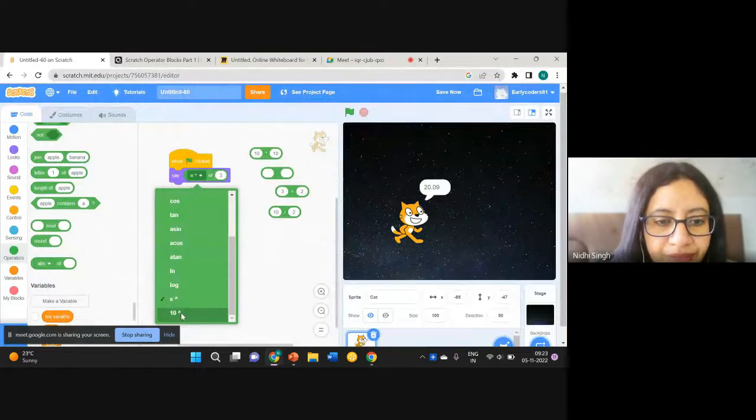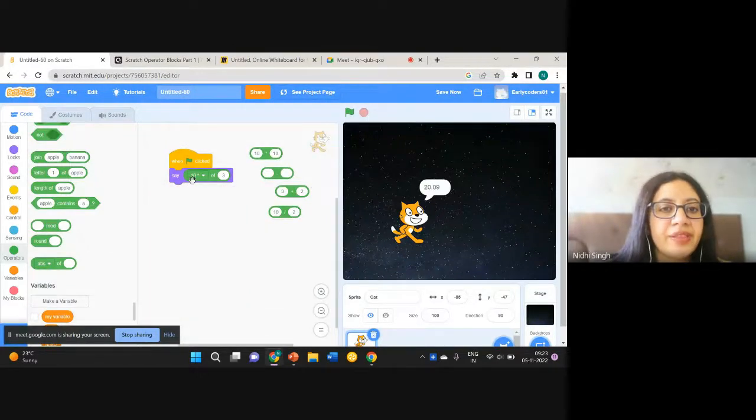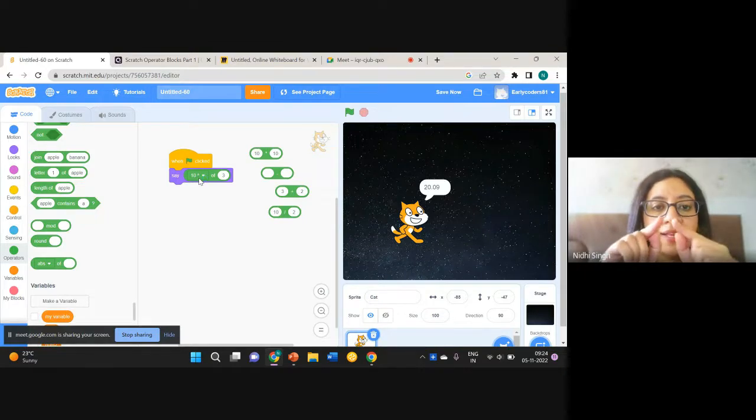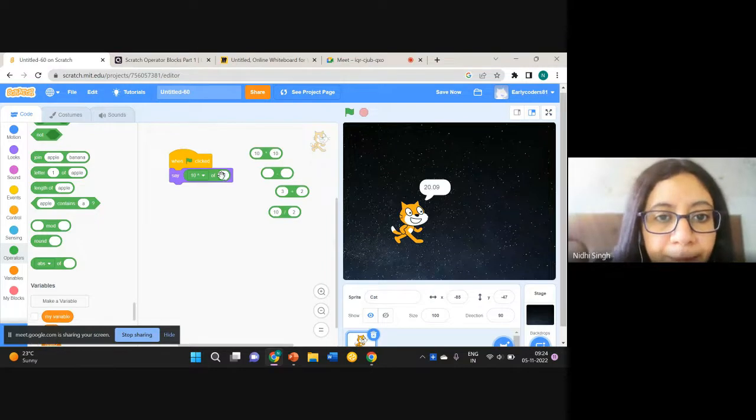After this, we will see the next one. Now again see. Can you see one arrow, up arrow? Same arrow was there on Euler number. That means they have shown the sign that this is related to power. Whatever number you are typing here, it will come as power of this one.